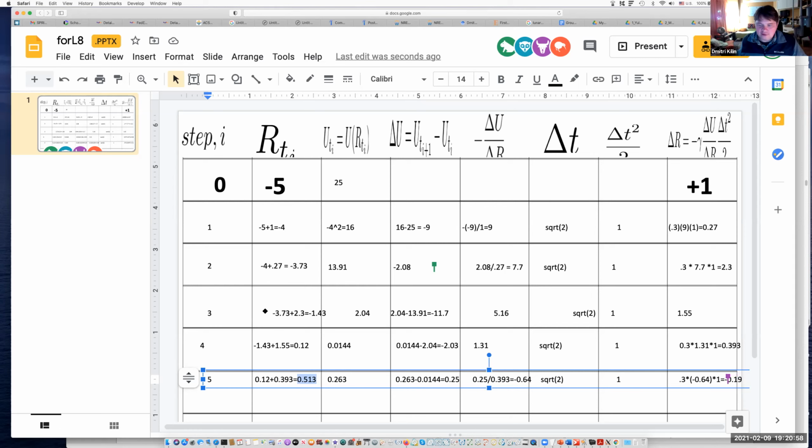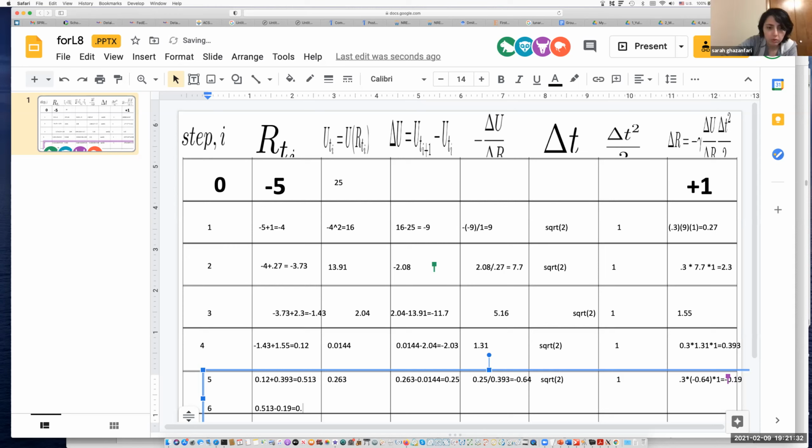And if we go to step 6, then the next will be the previous value of 0.30 minus 0.19, which will be 0.32.